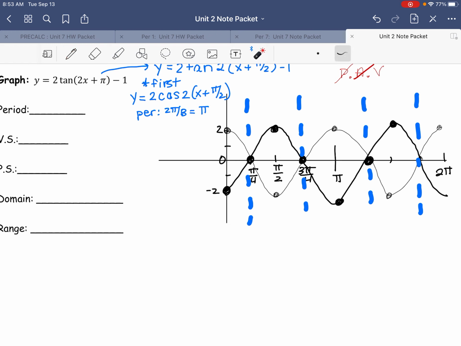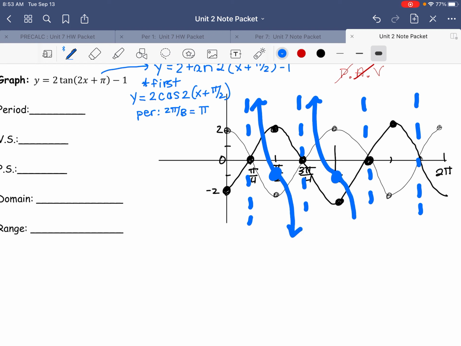So normally a tangent graph has a point right here on the axis, and normally it would squiggle up. But we're going to take that point and shift it down 1. So now it's going to go down 1 right here, and it's going to squiggle down.